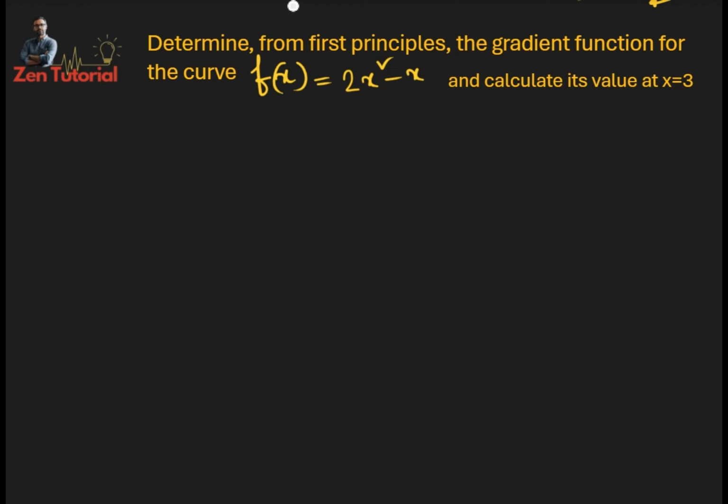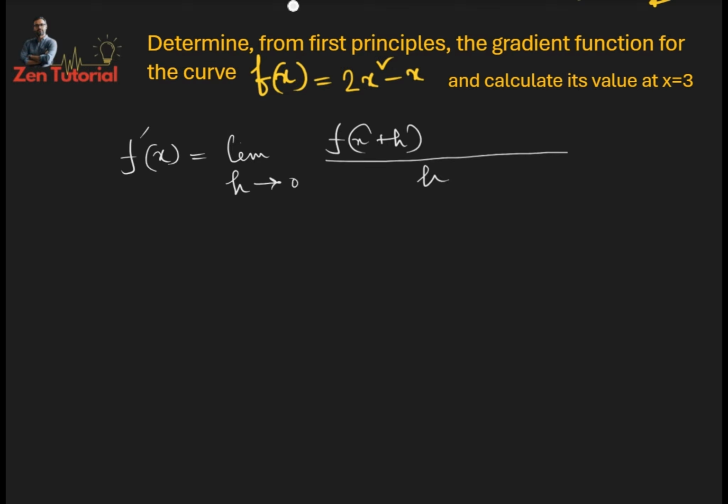So by the definition of first principle, f prime of x is equal to the limit as h tends to 0 of f of x plus h minus f of x, over h. Here f of x is equal to 2x square minus x, and f of x plus h means plug in the value of x plus h instead of x.